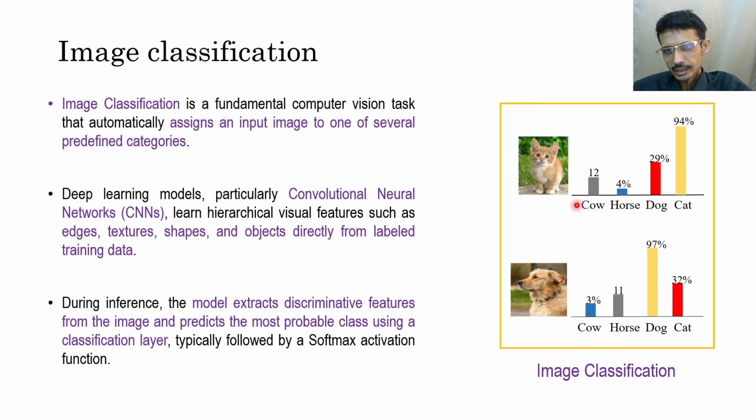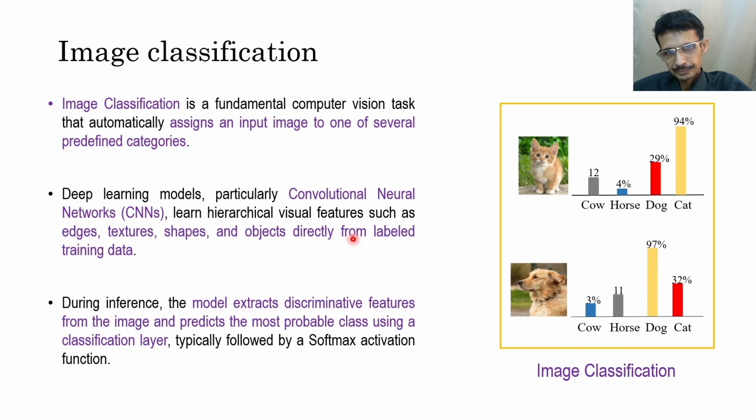In our classification task, our model says with 94% that it's a cat. The other percentages are relatively very small. So that basically says that it is a cat image. This is the image classification problem.